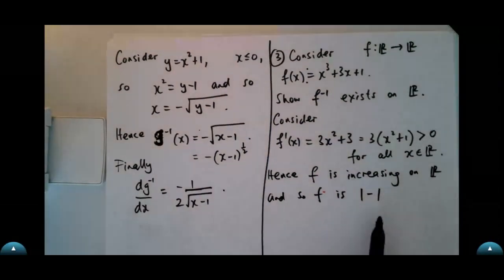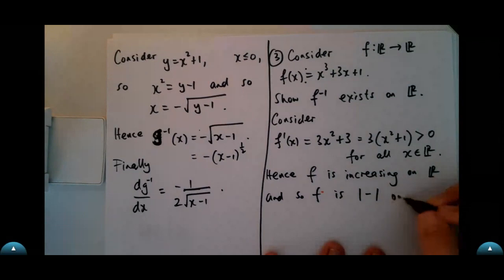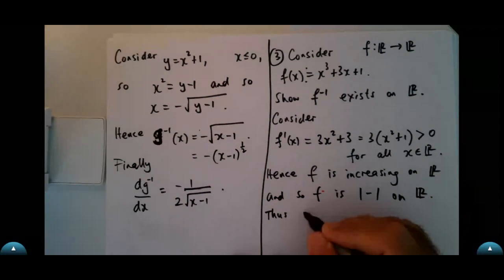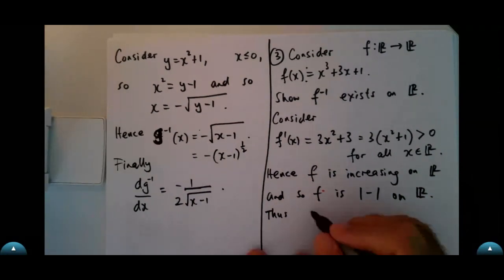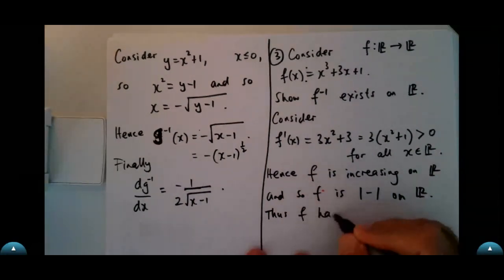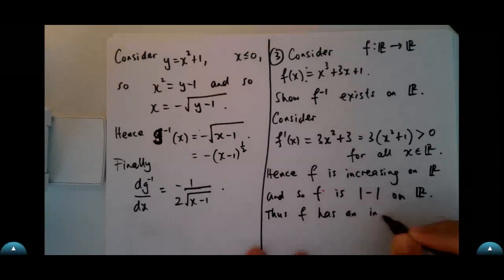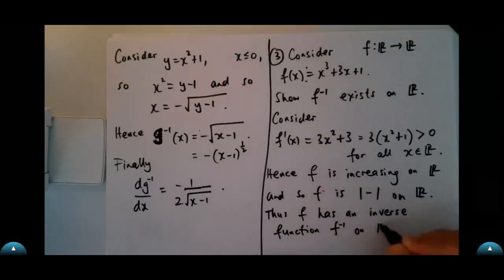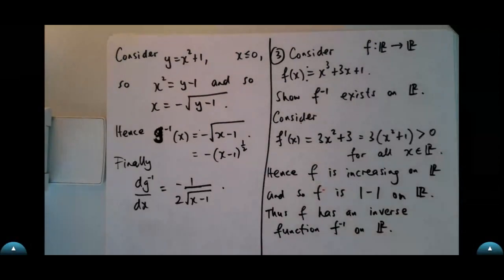This is my way of writing 1-to-1. Thus, f must have an inverse function on this. Okay?